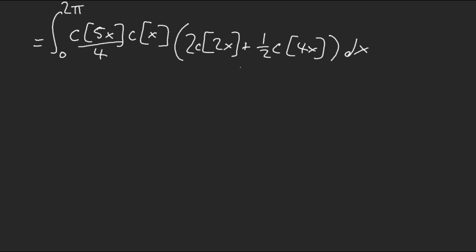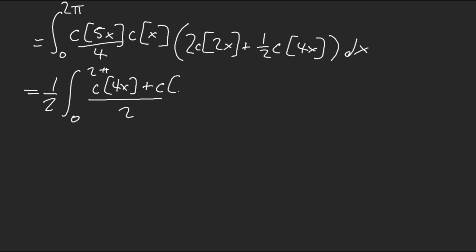So, where do we go now? Okay, so we have these triple terms. Let me go ahead and split this. All right, so this is 1/2. Cosine times this cosine, we end up with cosine of 4x plus cosine of 6x, right, times cosine of 2x.